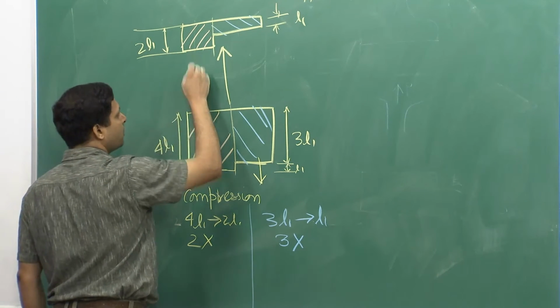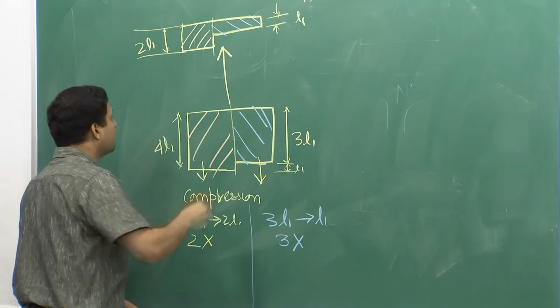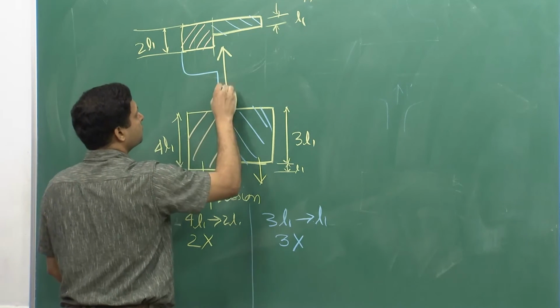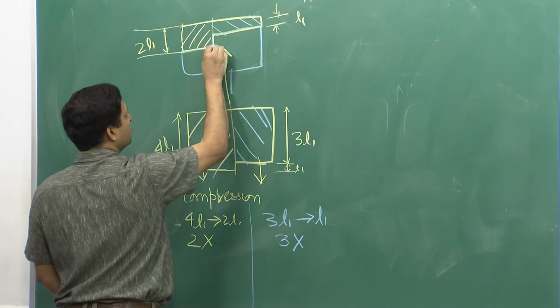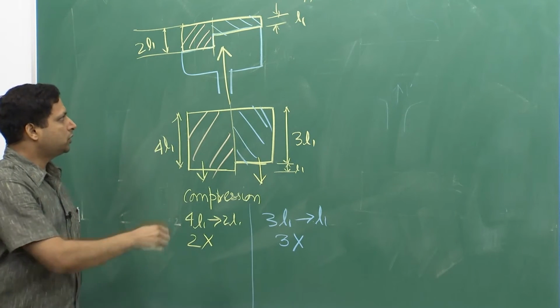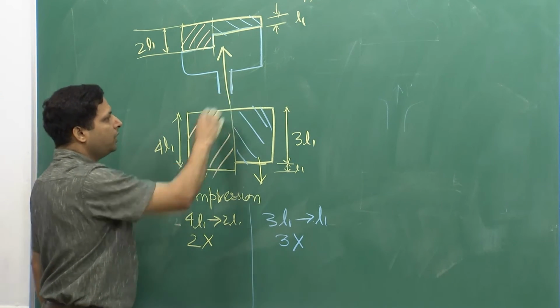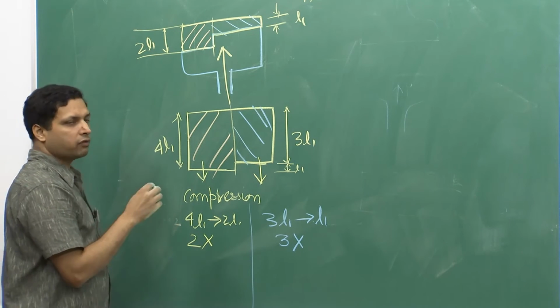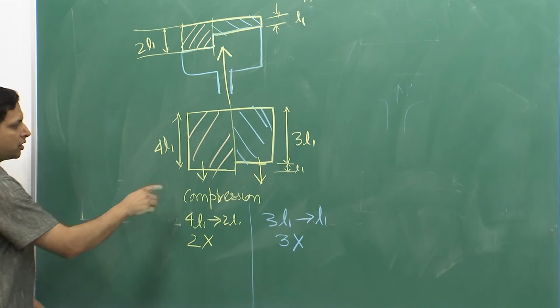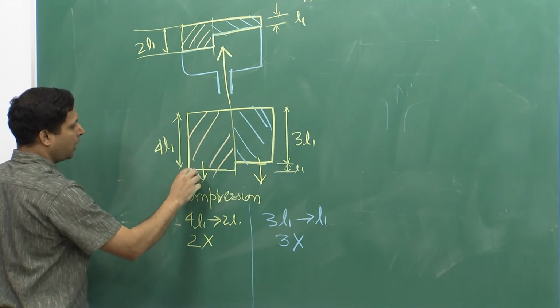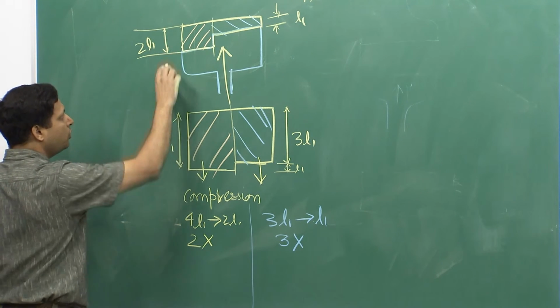So, let us say this is our piston, since the piston is very simple like this, which will have a constant travel length. What is the travel length over here? So, it starts from here. So, therefore, it comes all the way 4 L1 to 2 L1.